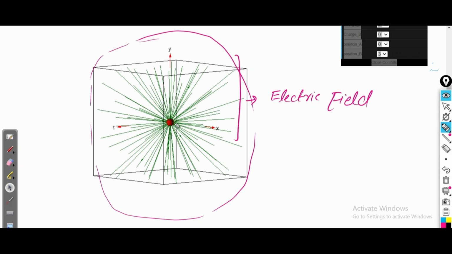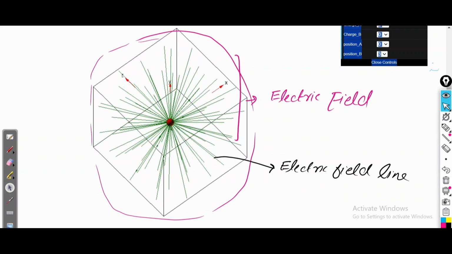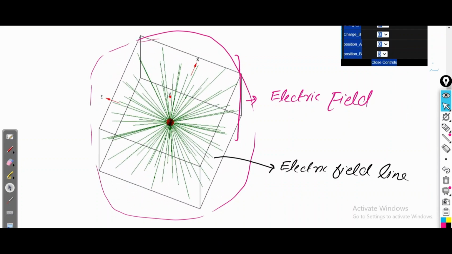There are a large number of lines originating from this positive charge, and these lines are called electric field lines.